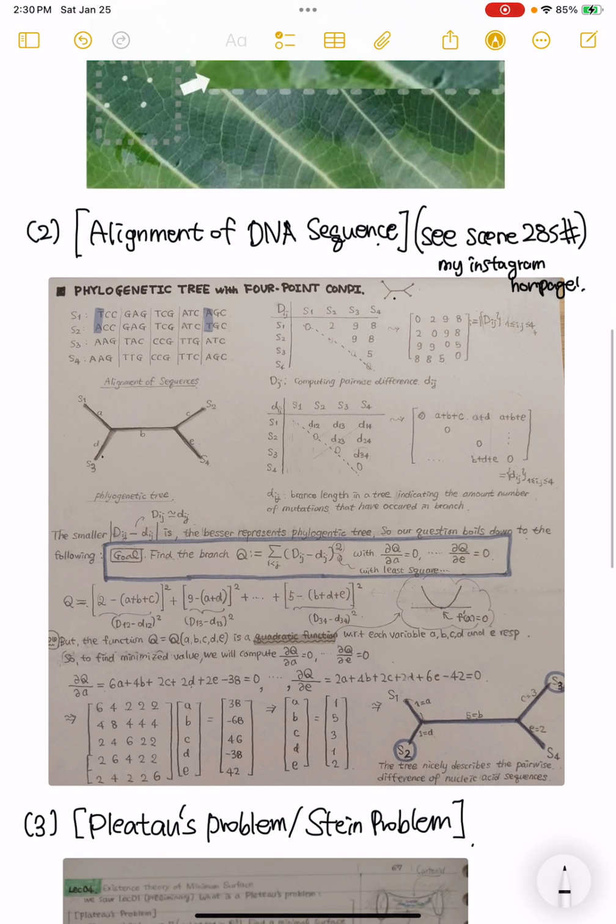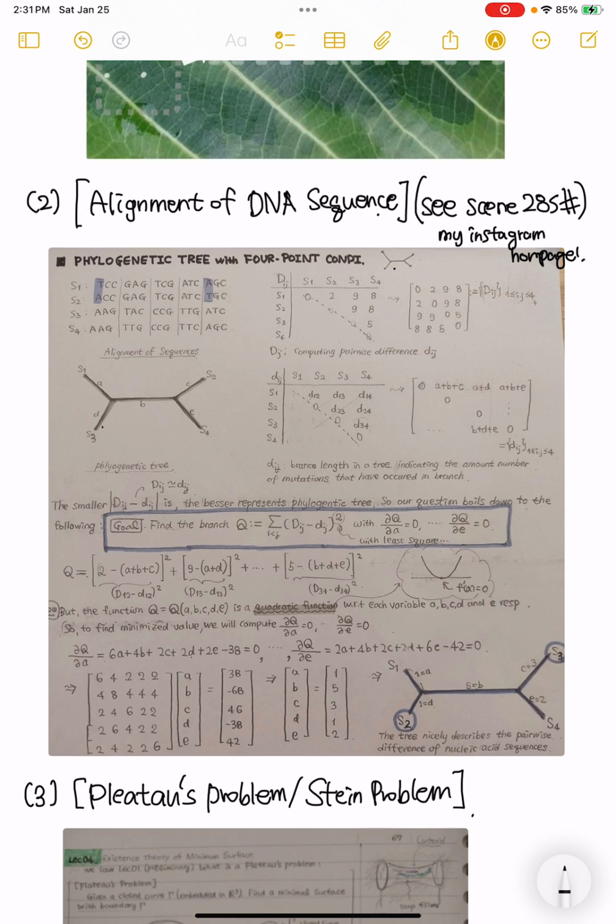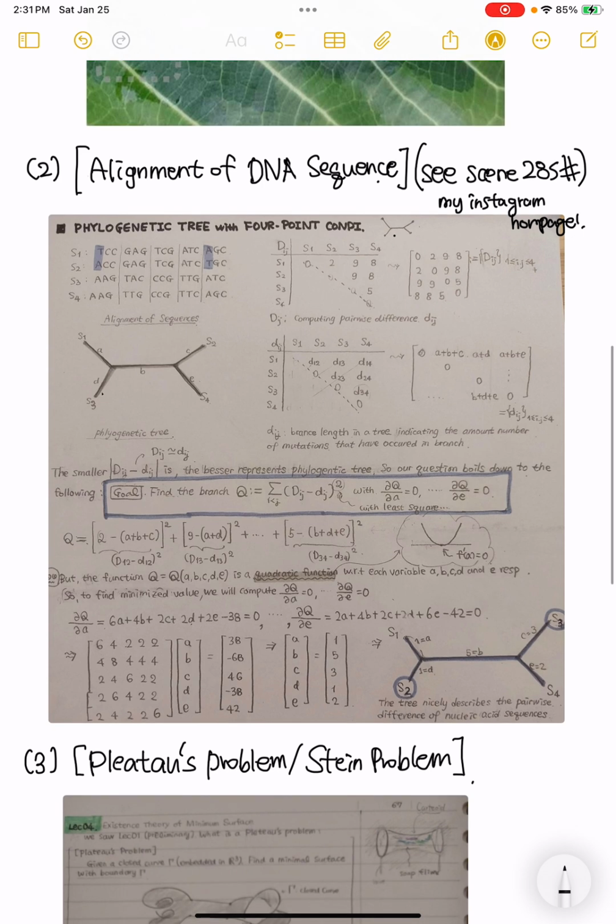And we can describe the phylogenetic model. For example, by using DNA information, the alignment of DNA sequences, the phylogenetic tree is well described.